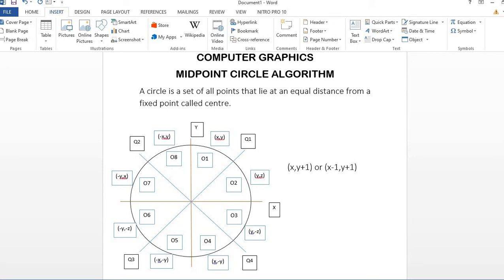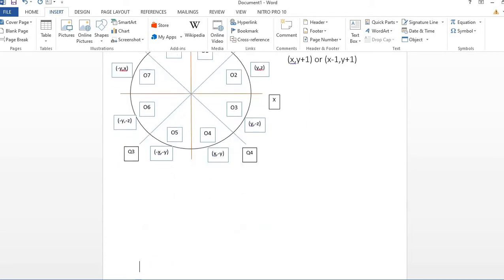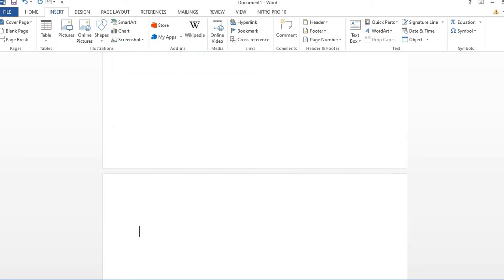This can be decided by the following two steps. Here are the two steps. One is to find the midpoint P of the two possible pixels.